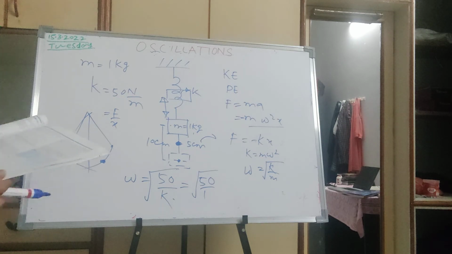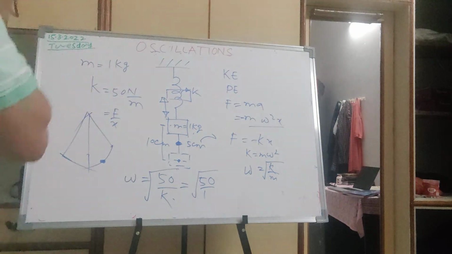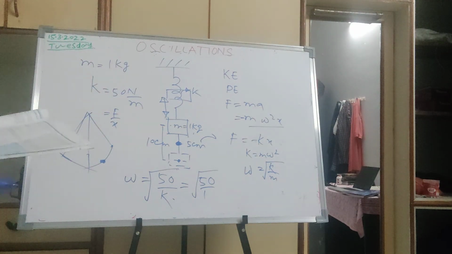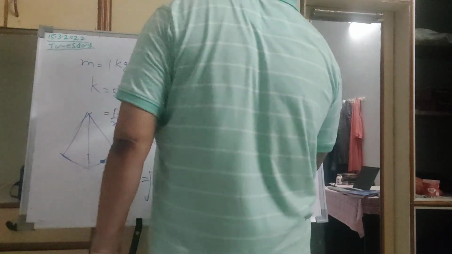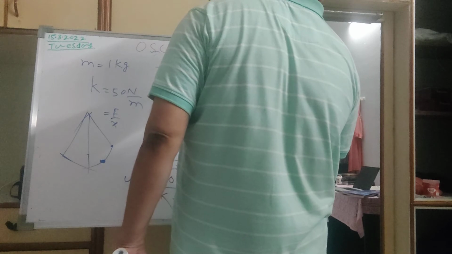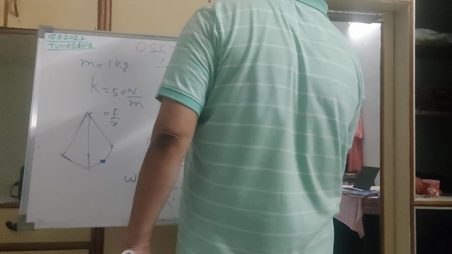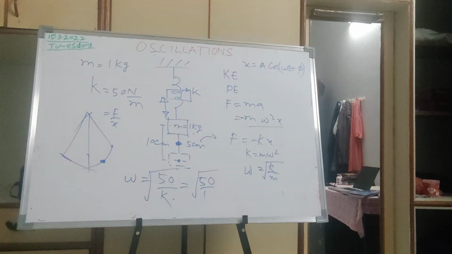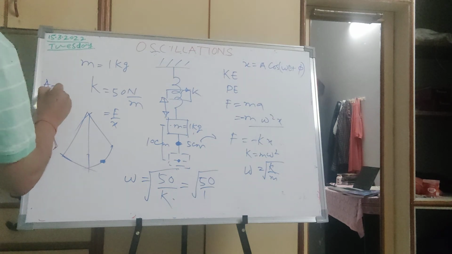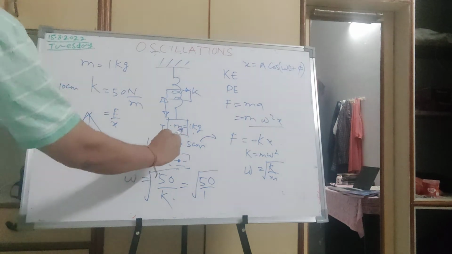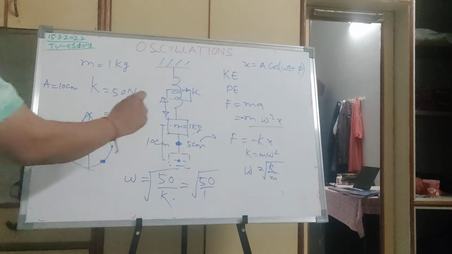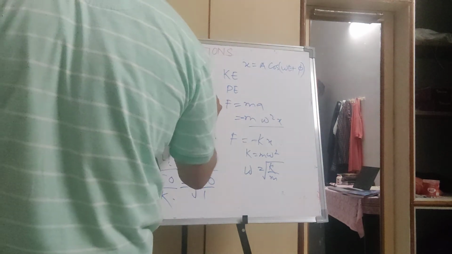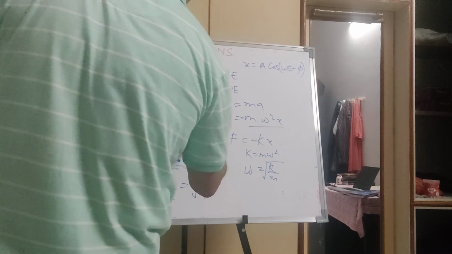We want to find out the energy. For that we know the displacement is equal to A cos(omega t plus phi). In this case, what is the amplitude? Amplitude is equal to 10 centimeter, because it will go 10 here and it will go up also 10, and go down also 10.